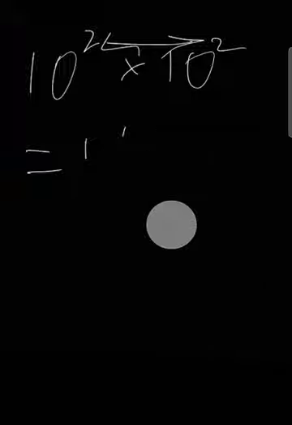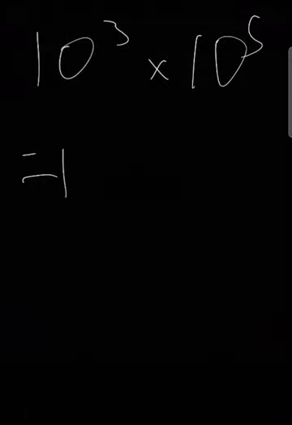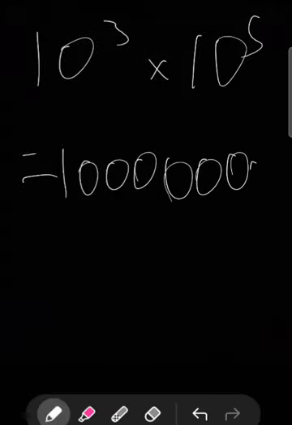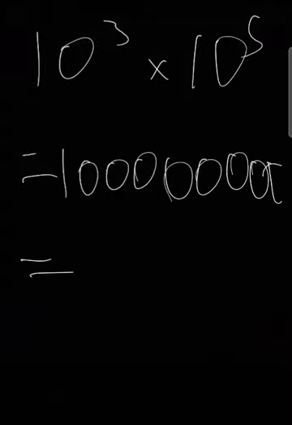Now, if we take, let's just say, 10 to the 3 times 10 to the 5, which will equal 1, 2, 3, 4, 5, 6, 7, 8, which simply equals 10 to the 8th.